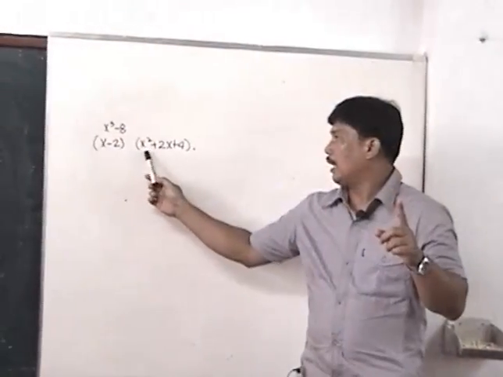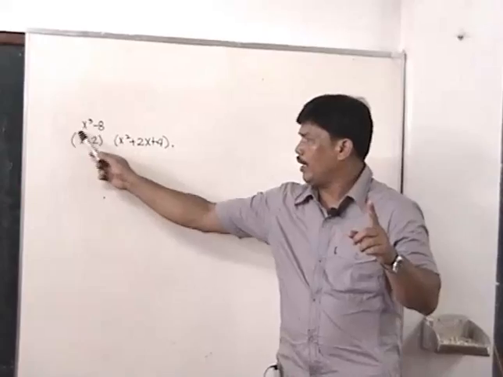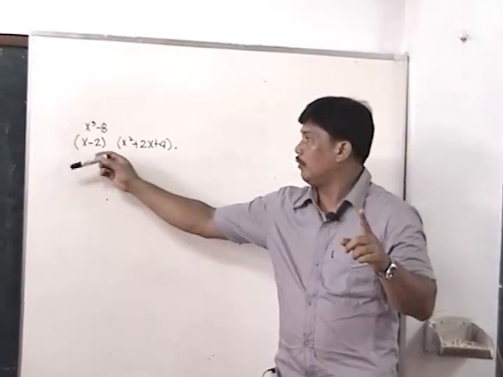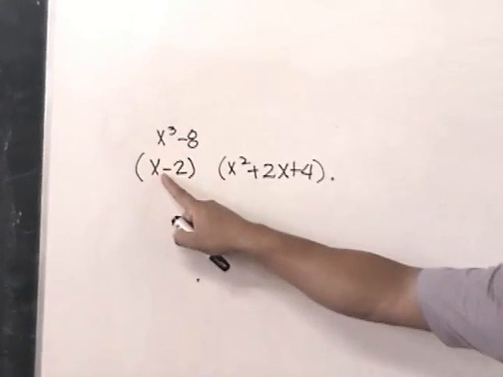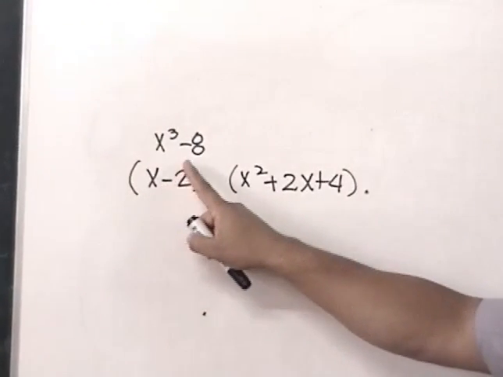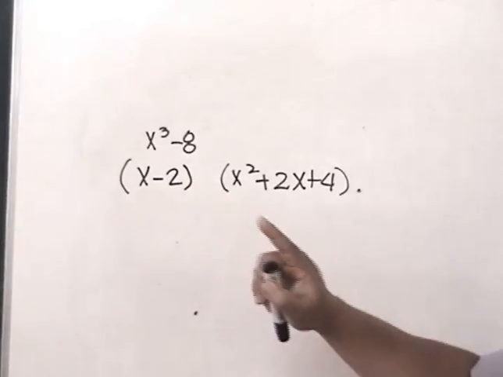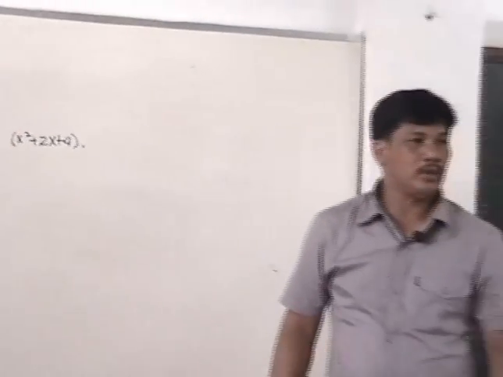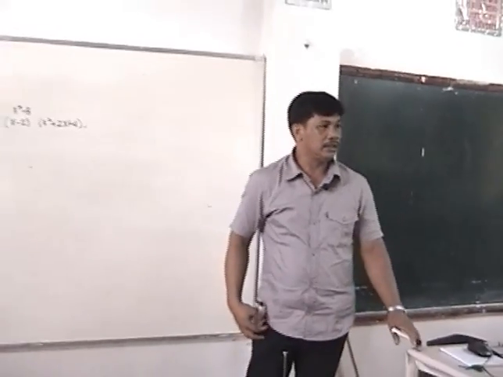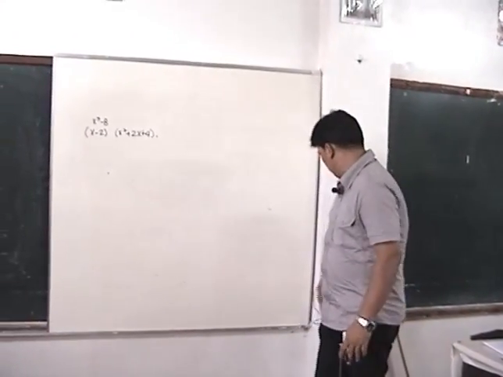A binomial and a trinomial. Where are you going to find this one? Of course, you take the cube root of the first term, which is x, and the cube root of 8, which is 2, with a negative sign. Now, how are you going to come up with the trinomial factor?